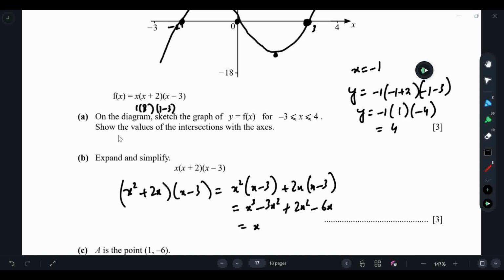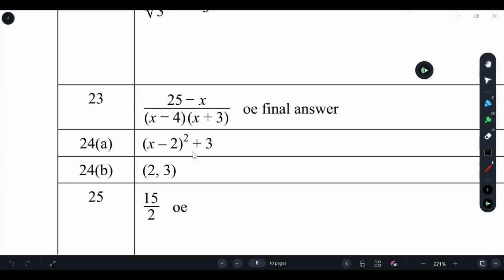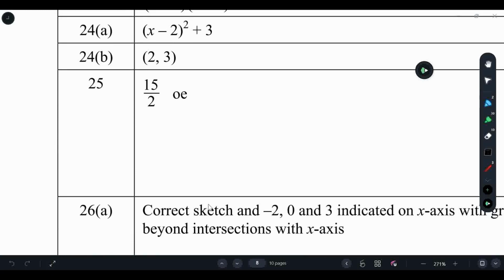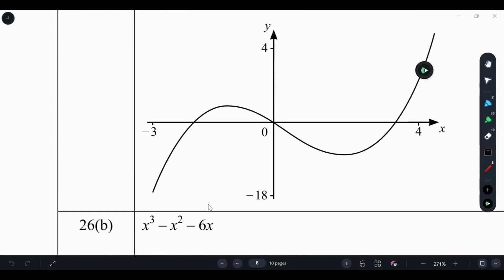So this will be x cube minus x square minus 6x. This should be the final answer. Let me check this one over here. Yes, this was the graph, and x cube minus x square minus 6x.